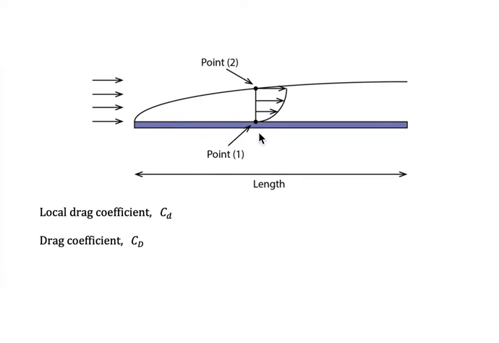For example, we have point 1 here, so the calculation is only for this point. The drag coefficient for only this one point is called local drag coefficient. And drag coefficient here is the total drag coefficient for the whole object. Please be advised that for the calculation of drag coefficient, the influence of area must be included. I will show you later.